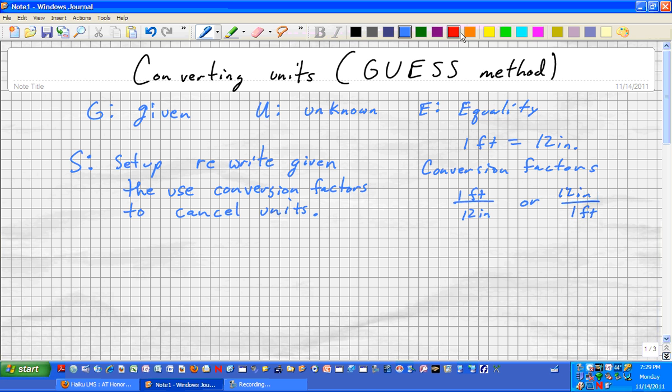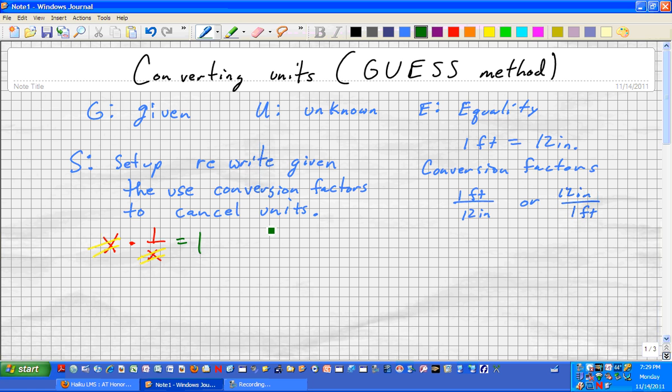This is all based on something similar to something in algebra. If I've got x times 1 over x, these x's cancel out, and I'm left with 1. Same kind of deal.